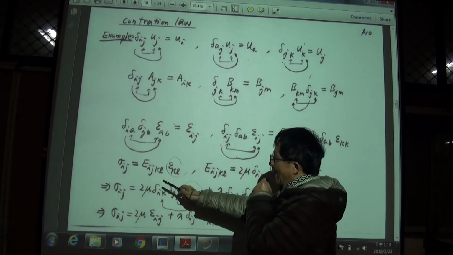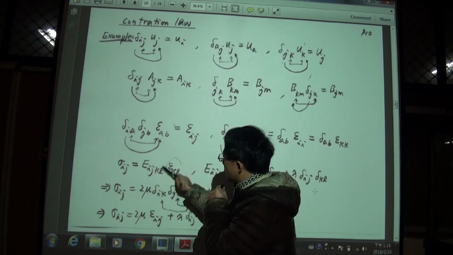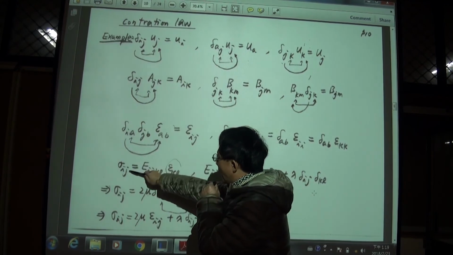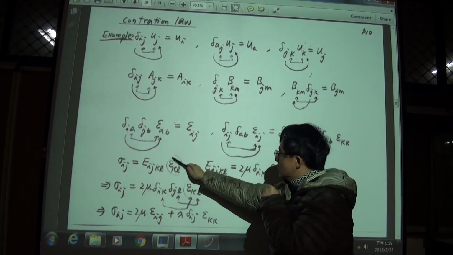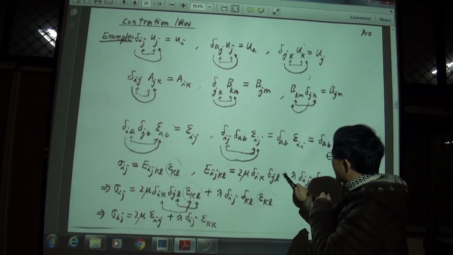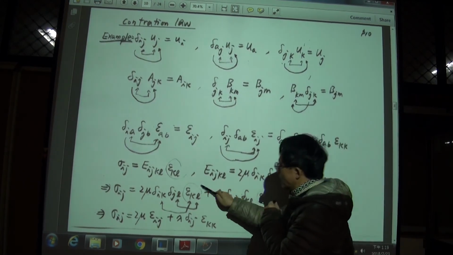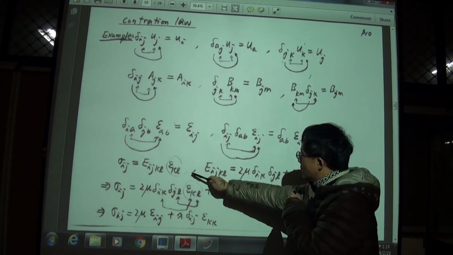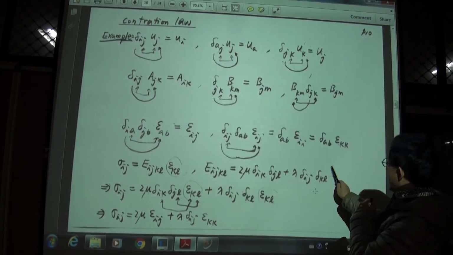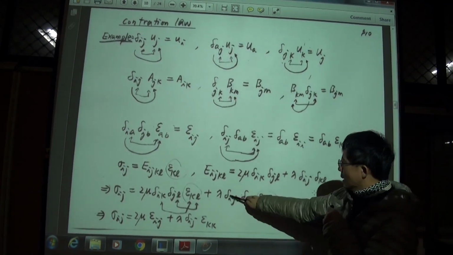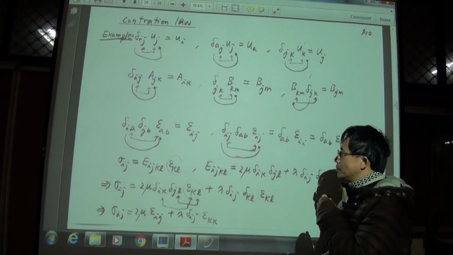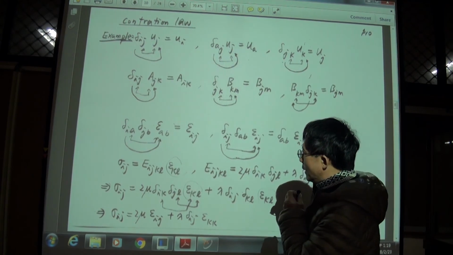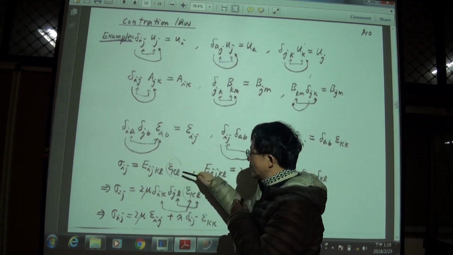So sigma_ij equals this one times this one. And epsilon_kl, put it here. Now, we can obtain this one from this one.